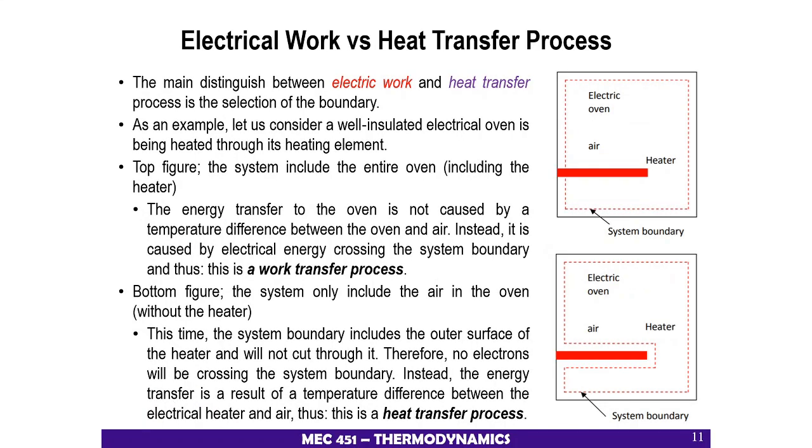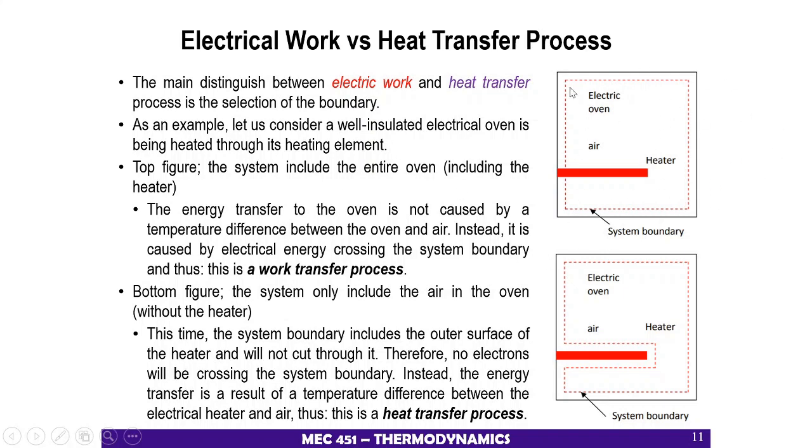Electrical work versus heat transfer process. The main distinction between electrical work and heat transfer process is the selection of the boundary. As an example, let us consider a well-insulated electrical oven being heated through its heating element.